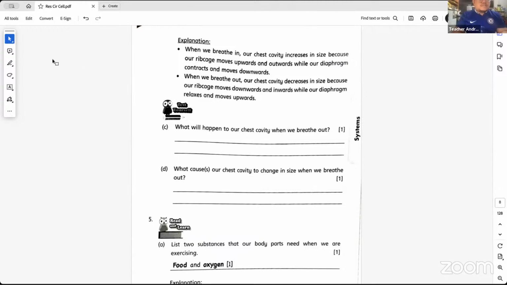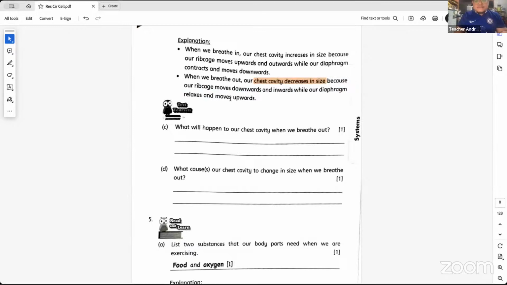For the scientific way, it's basically this here. When we breathe out, our chest cavity decreases in size because our rib cage moves down and inwards, while our diaphragm relaxes and moves upwards. The key words for this are: the chest cavity decreases in size.